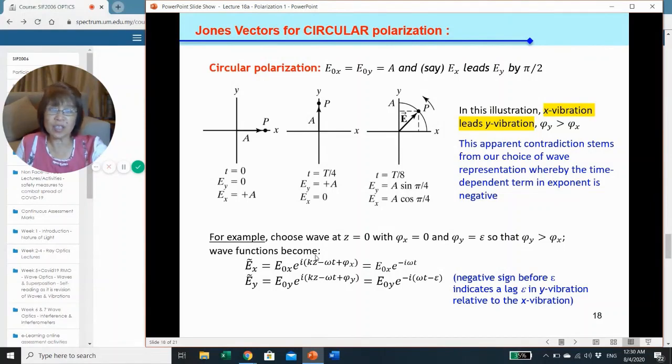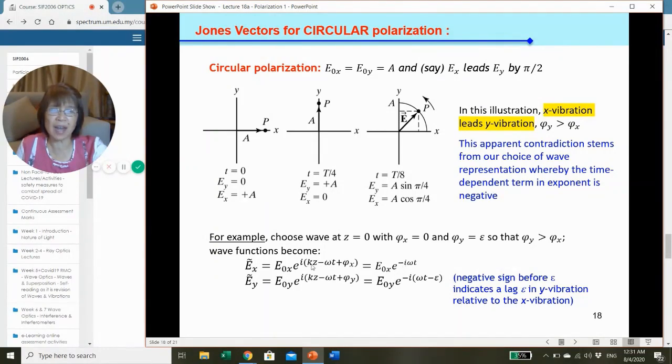The wave function can then be written for the x component as E0x exponential i(kz minus omega t plus phi x), where phi x is 0 here. So that leaves us with E0x exponential negative i omega t, because z is 0, so this term goes to 0.